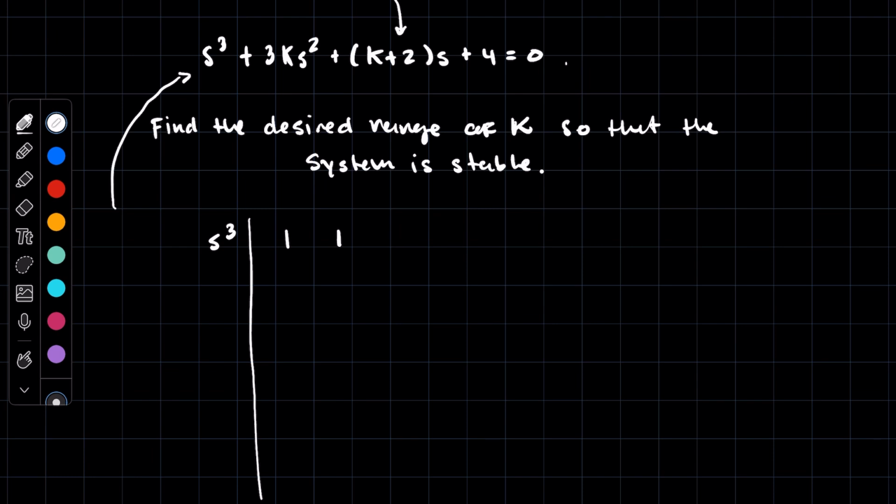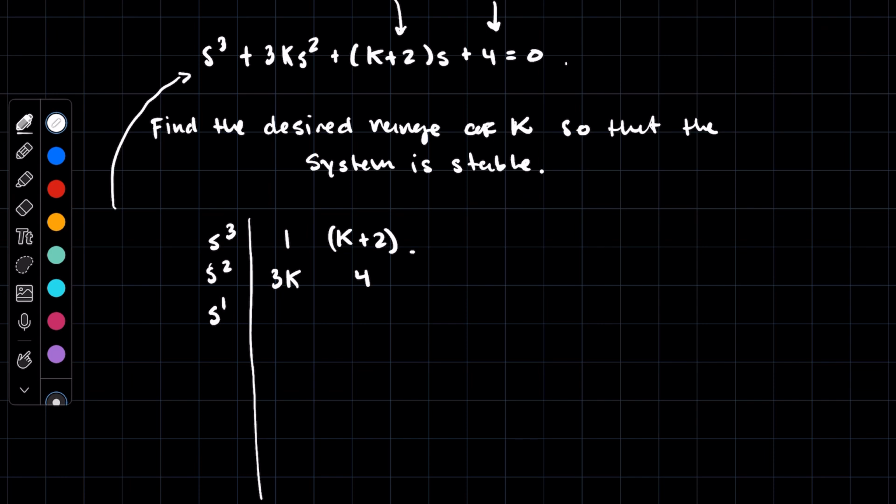The coefficient for that is (k plus 2), and I'm going to put it in parentheses. Then we proceed again with the second, and we notice that it is 3k. We don't have any more s's, but we do have 4, and that's going to be our S0. So we'll include the 4 there.